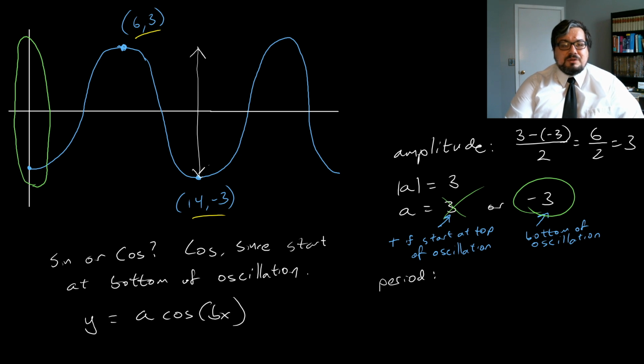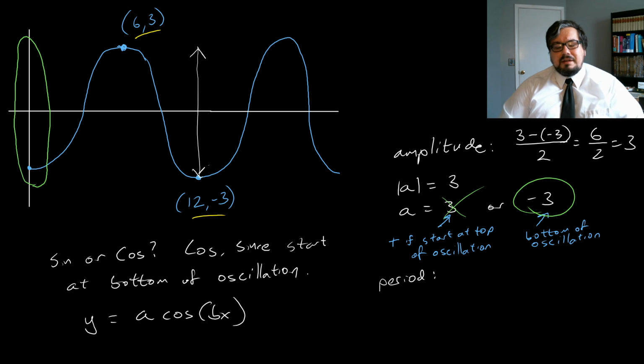Therefore, what we can do is look at the distance from one peak to the next valley, and that is going to be half a period. And I just noticed a typo that I'd written down. Apologies about that. This bottom should be 12 comma negative 3. It doesn't change anything that we've done so far, but it's necessary for what we have next to make sense.